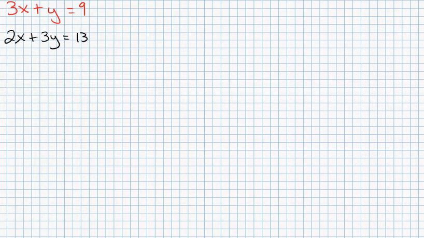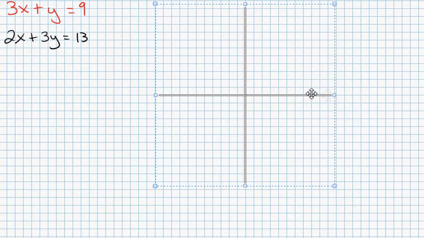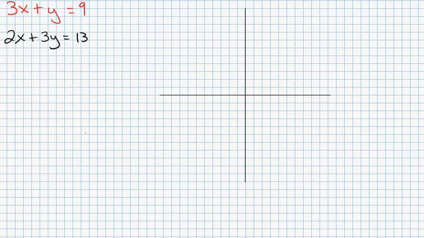So to graph it, I need to know a couple of things about this line. And I know it's in standard form. So knowing that it's in standard form, I can find the y-intercept, and I can find the slope, and I can even find the x-intercept if I need to.